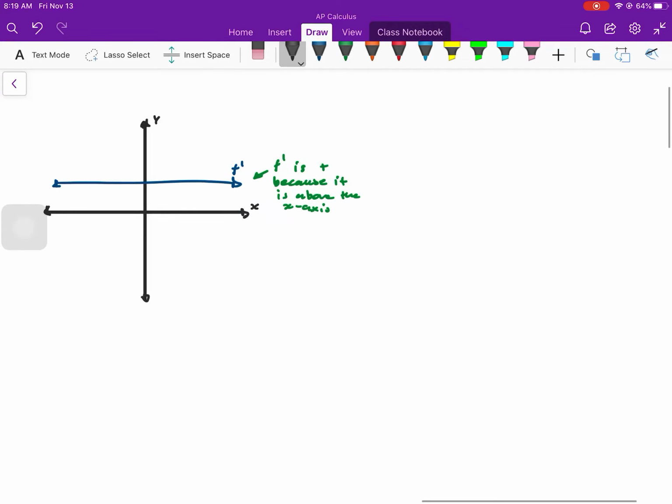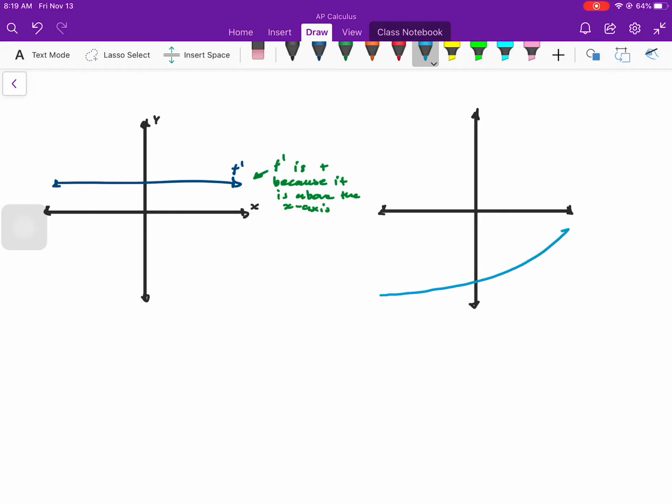That's totally different than if I were to give you the graph of f prime, and now I'm going to draw it below, down here. So f prime here is negative because it's below the x-axis.